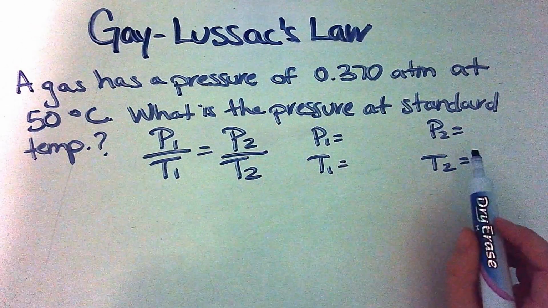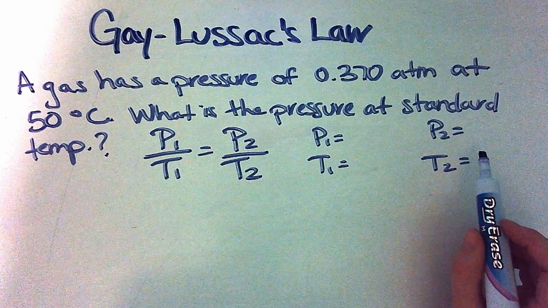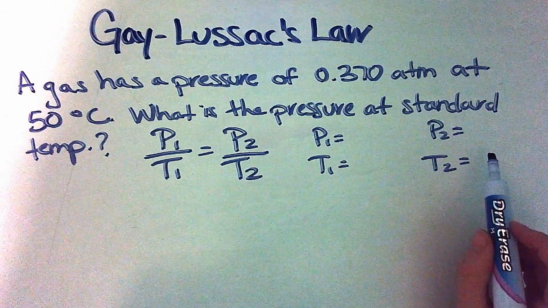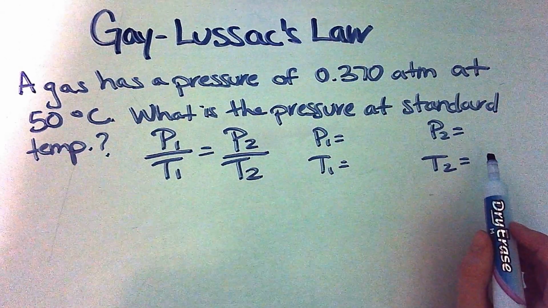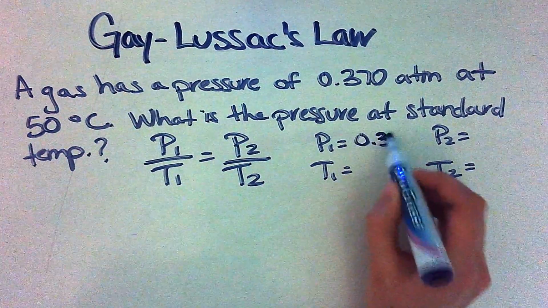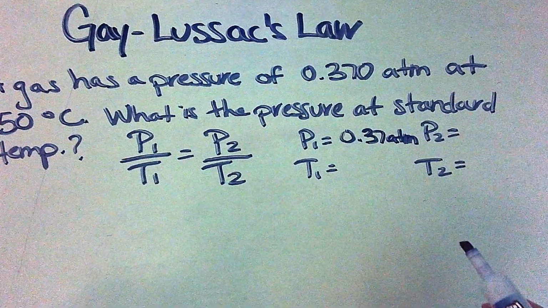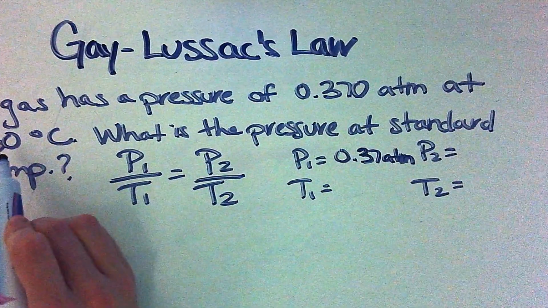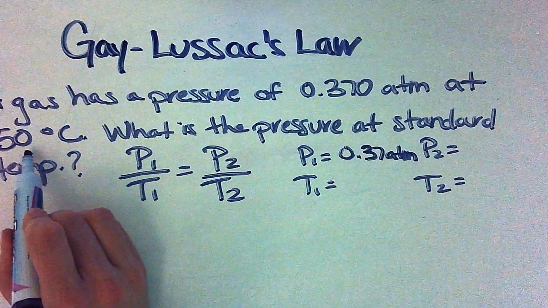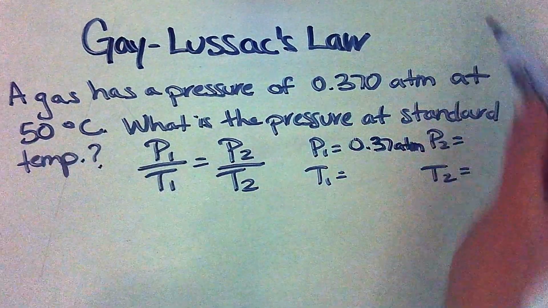and determine my target variable, so what I don't know yet. Alright, so a gas has a pressure of 0.370 atmospheres. Well, that's my first pressure. So 0.37 atmospheres, and it has this value at 50 degrees Celsius, but we have to remember with gas laws, when measuring gases, we go to Kelvin.